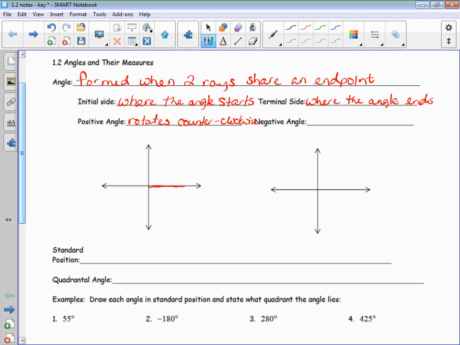So this would be my initial side. For what we're doing right now, the initial side is always going to be on that positive x-axis like that. Okay, that's always where you're going to start. And then let's say, here's my terminal side. If I rotate counterclockwise like that, so I started and rotated counterclockwise, that's a positive angle.